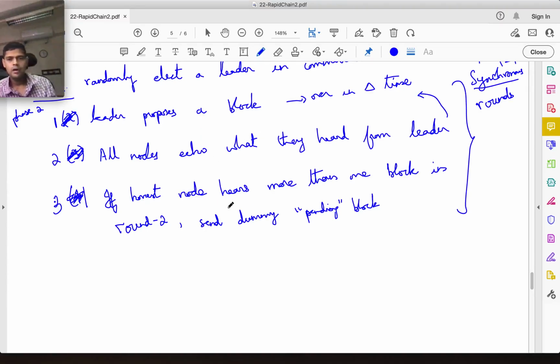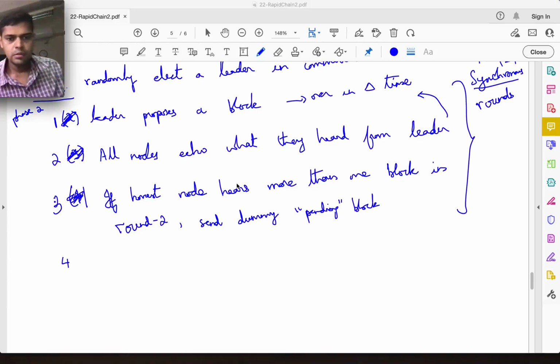Right, and now all honest nodes are going to hear this, right? So in the final round, which is the 4th round, suppose an honest node has not heard anything but only the original single block proposed by the leader.